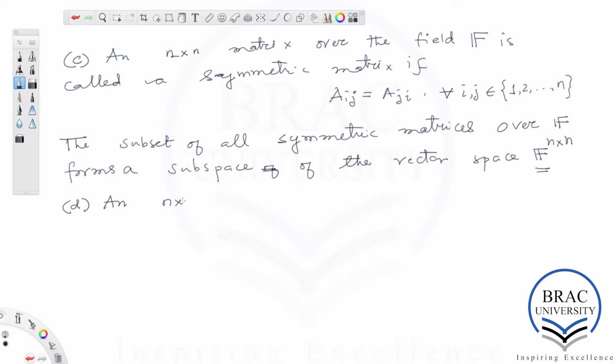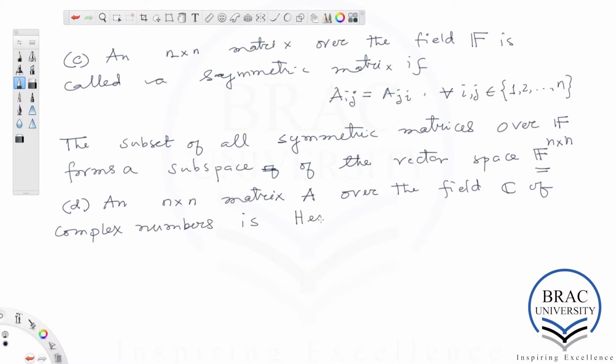An n times n matrix A over the field C of complex numbers is Hermitian if Ajk is equal to the complex conjugate of Akj.